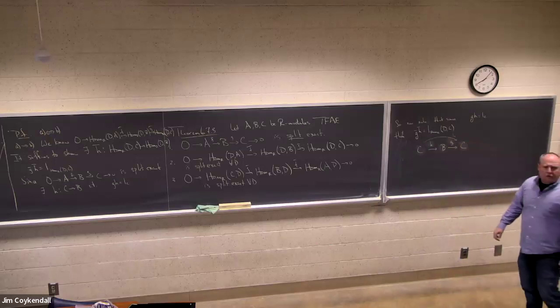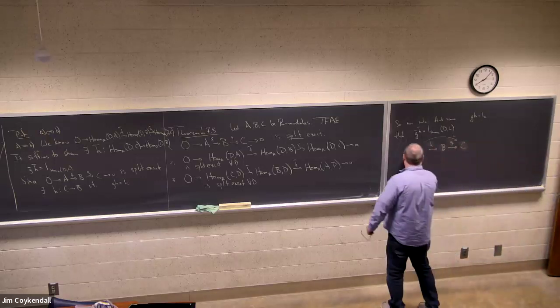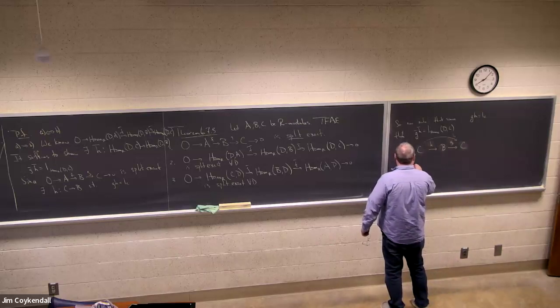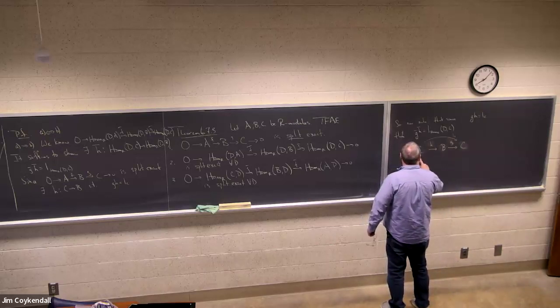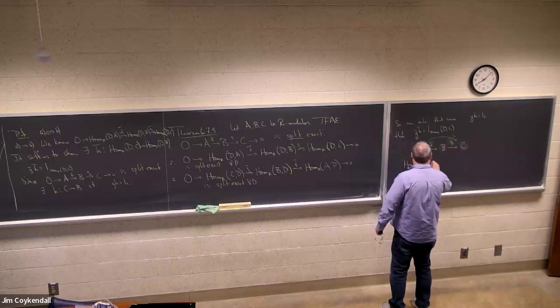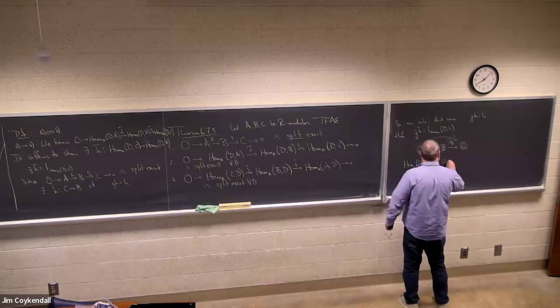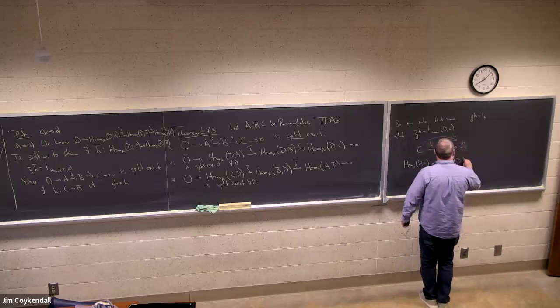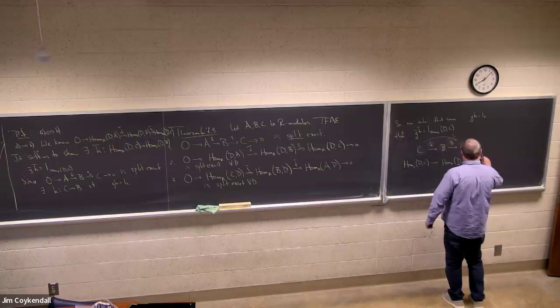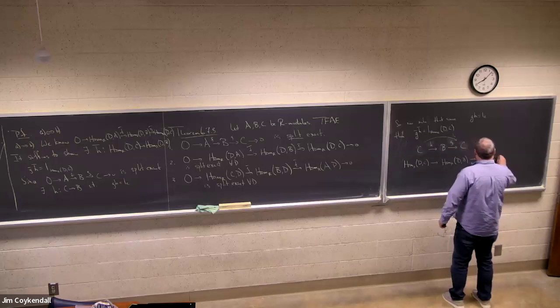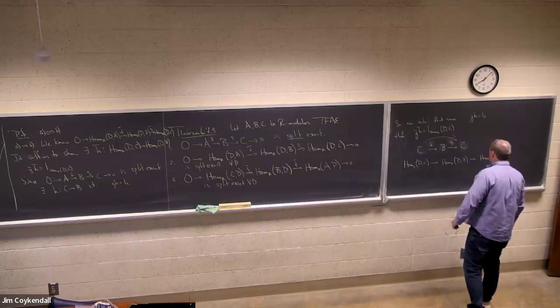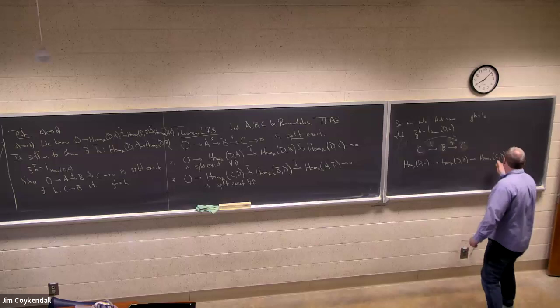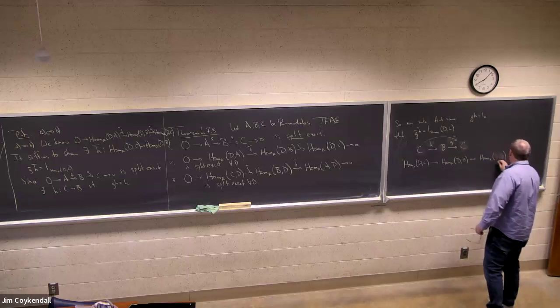And how does the induced map go? Just recall how this works.